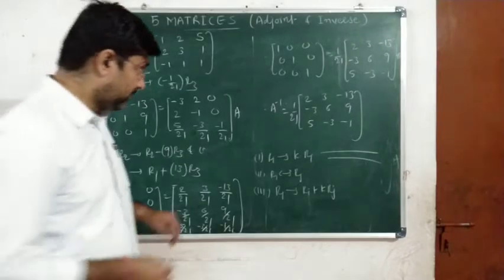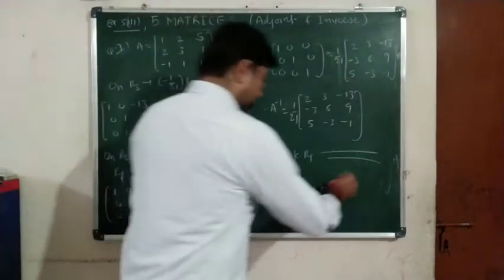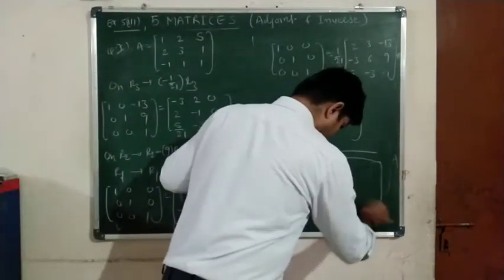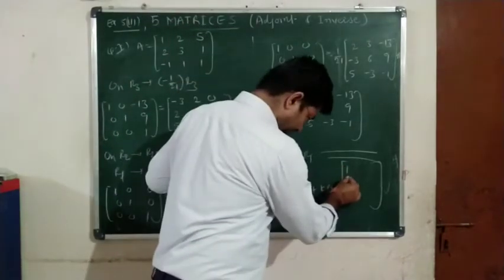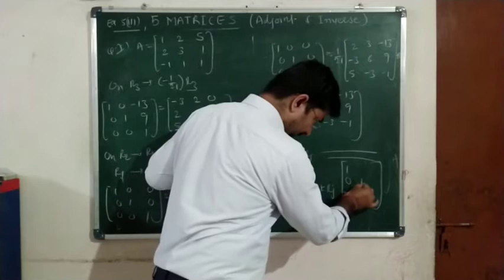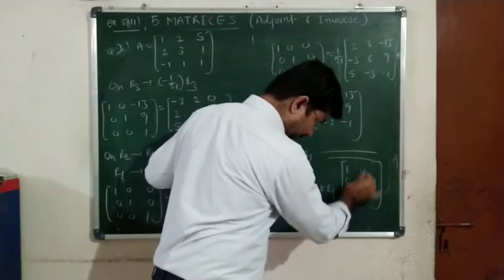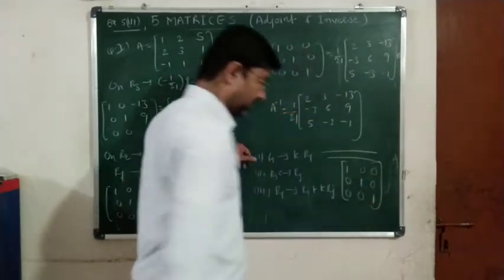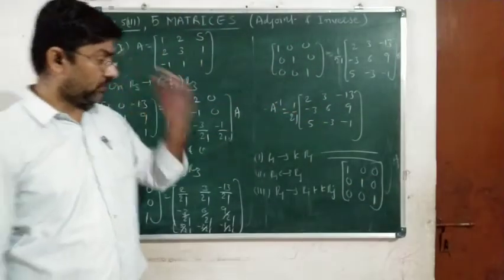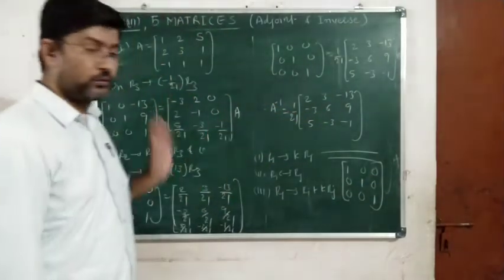And what is the sequence you should remember? The sequence of bringing the identity matrix on the left hand side is 1 first, then 0 0, then 1, then 0 0, anyway 0 you can bring, and then 1 here and 0 0. Clear? So in this sequence only, if you proceed, you will be able to solve.